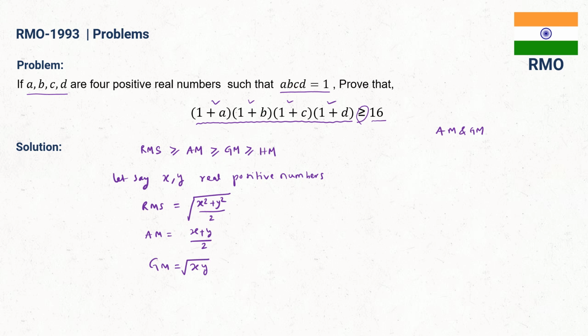And the last one is harmonic mean, HM, that is 2 divided by (1 by x plus 1 by y). And the relation between these means is already mentioned here.